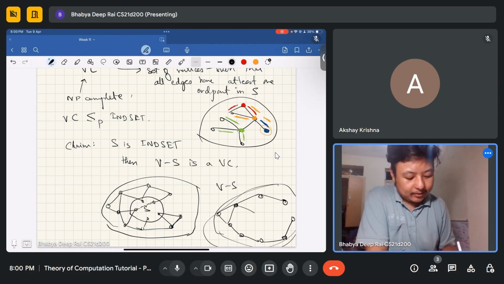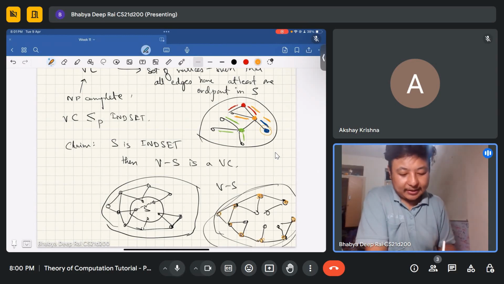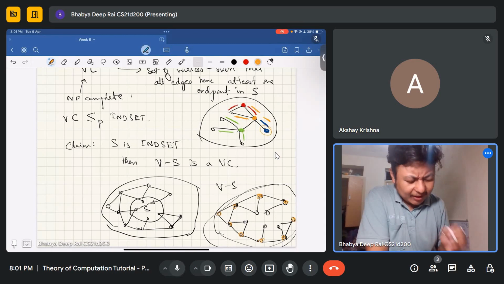Getting it? So anyway, I'll write it this way. What is V minus S? V minus S are exactly these vertices. Let's say the original S is not an independent set. Then what do you have?